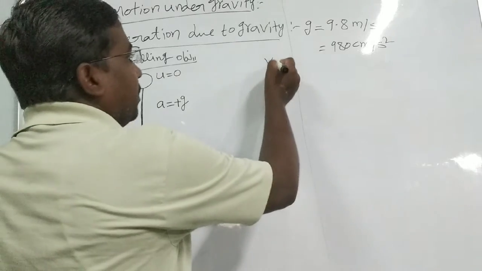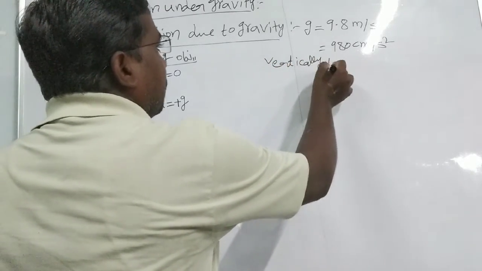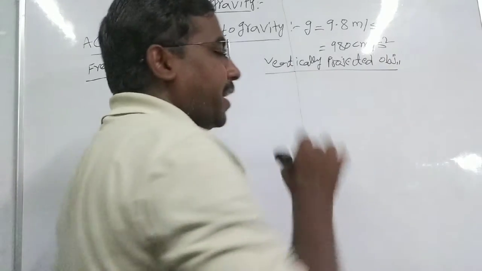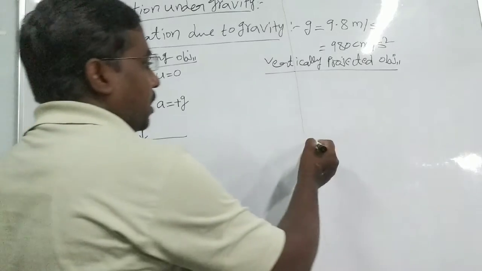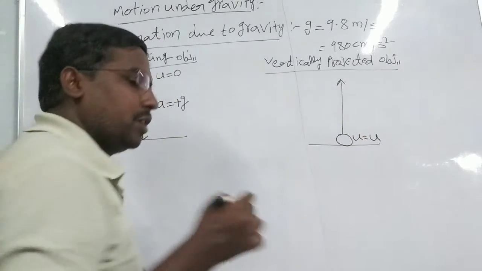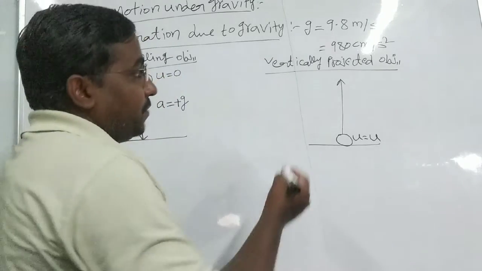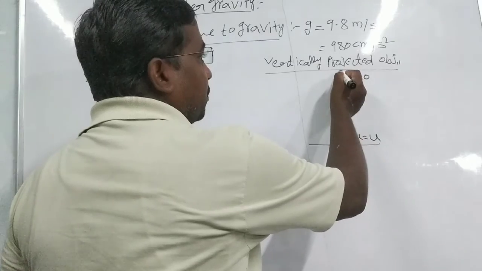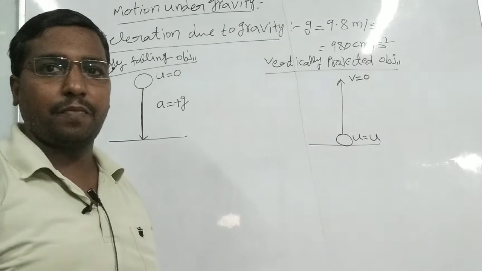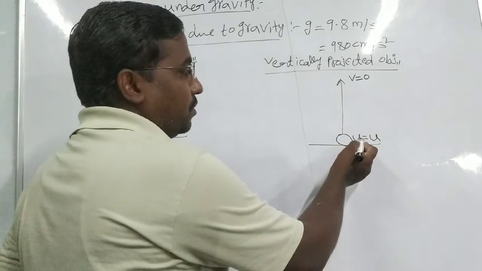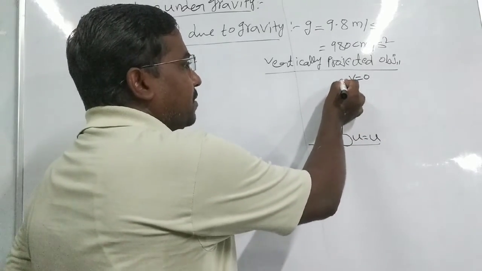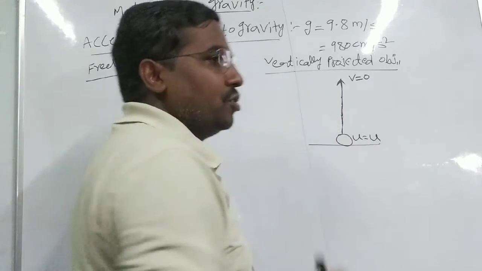Now, for a vertically projected object, what is its acceleration? When an object is projected vertically upward, its initial velocity is some value u, and its final velocity becomes 0 at the top, at rest, and then it moves downward as a freely falling object. As it moves upward from the ground, its velocity decreases and finally becomes 0.